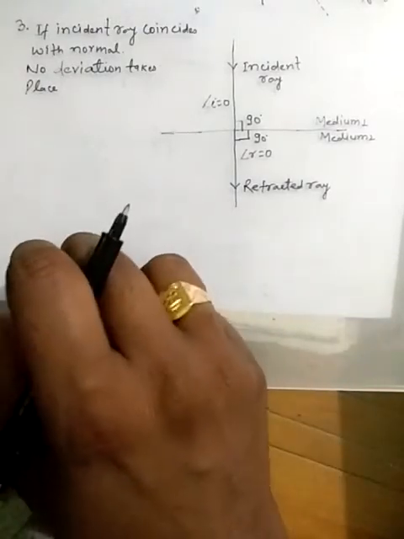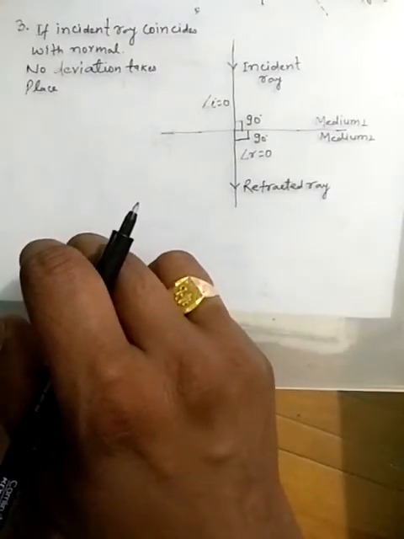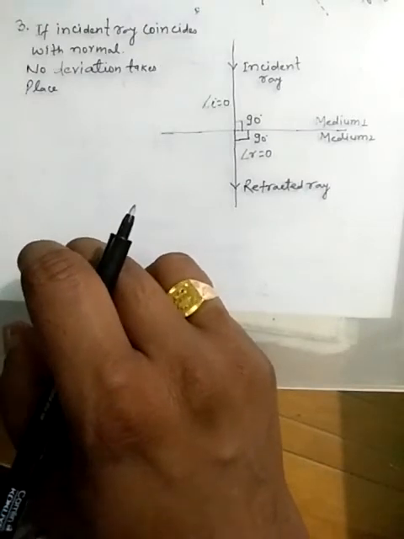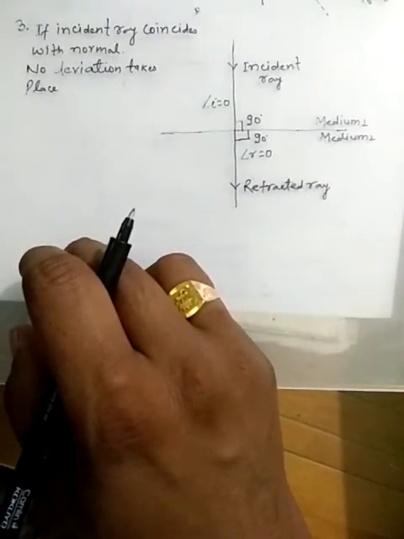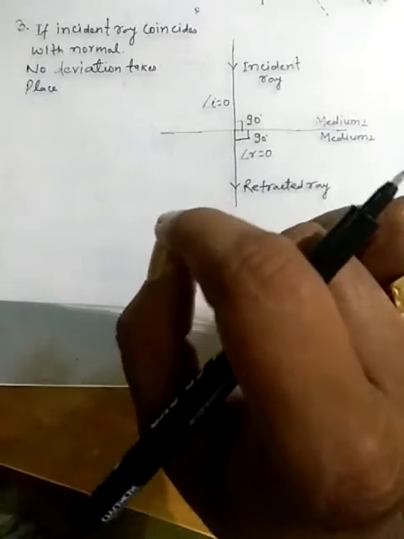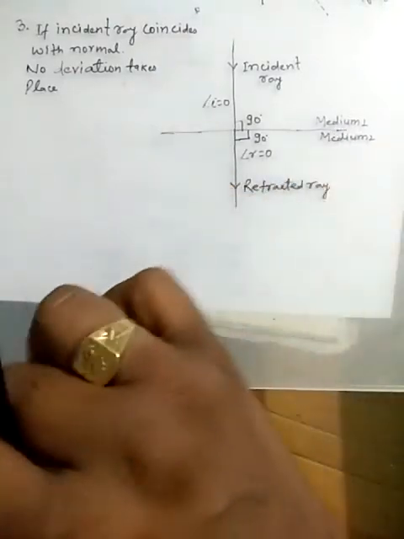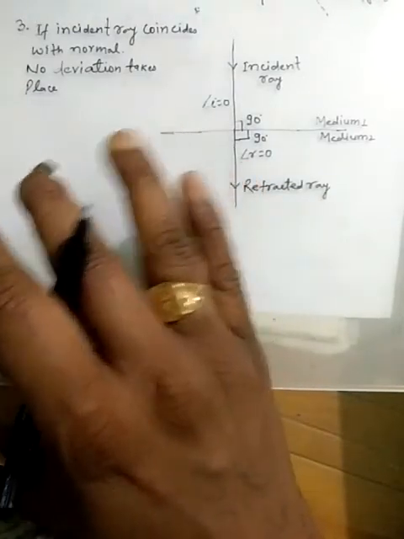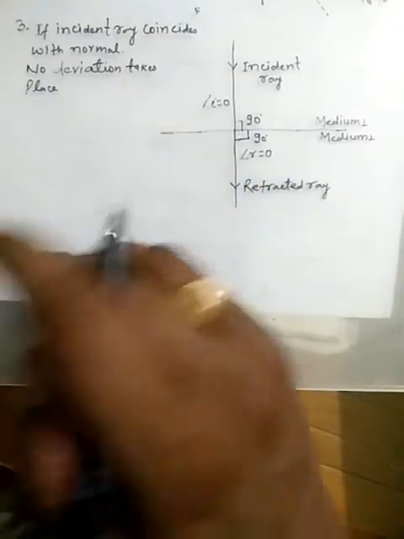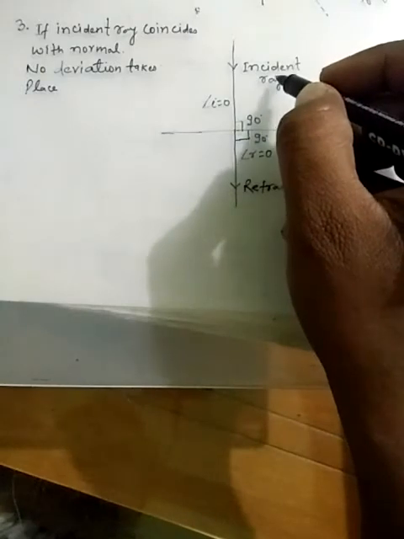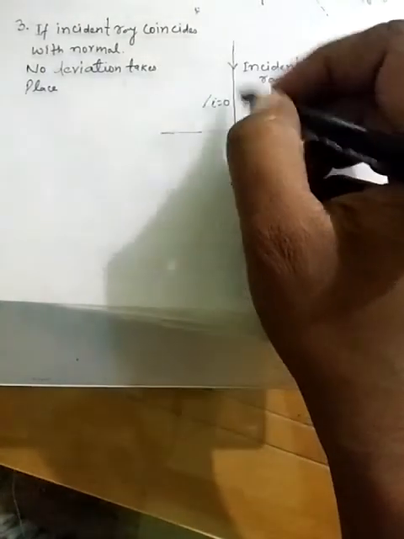Here is another condition related to refraction. If the incident ray coincides with the normal, that is, if the incident ray travels along the normal, then no deviation takes place. This is the incident ray and this is the normal.